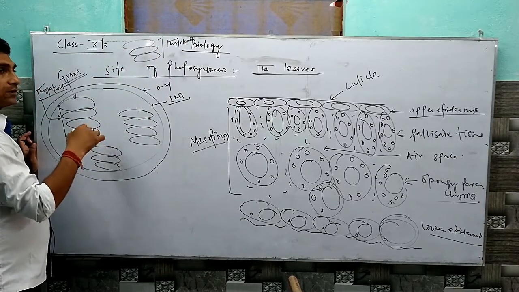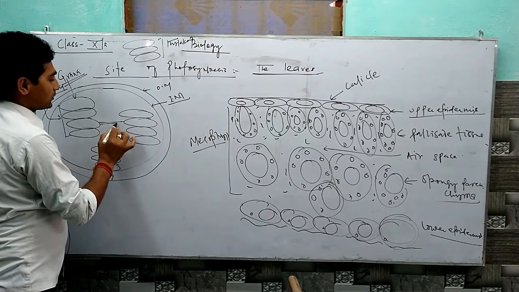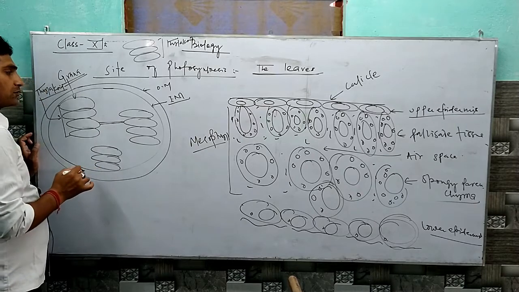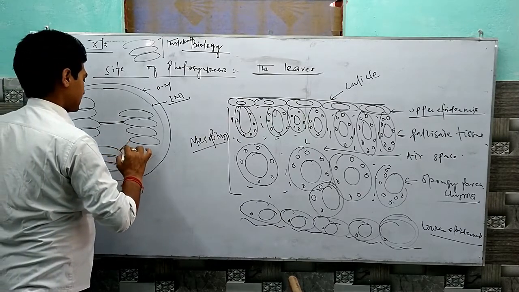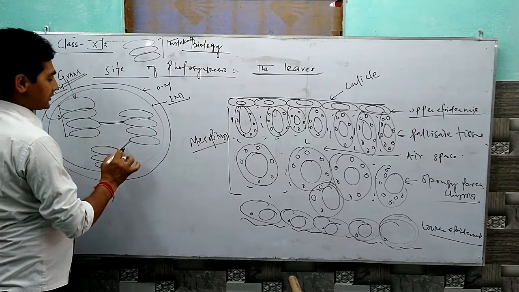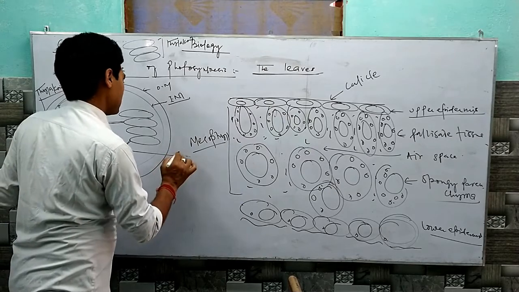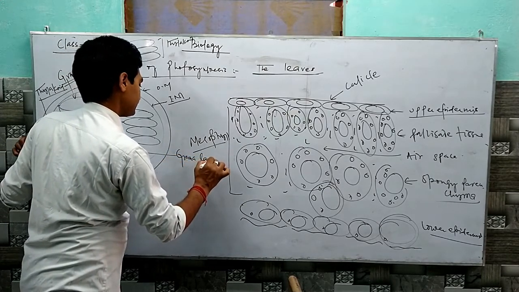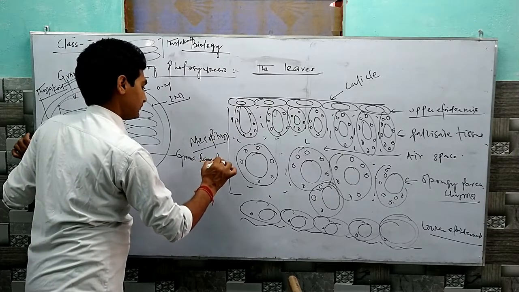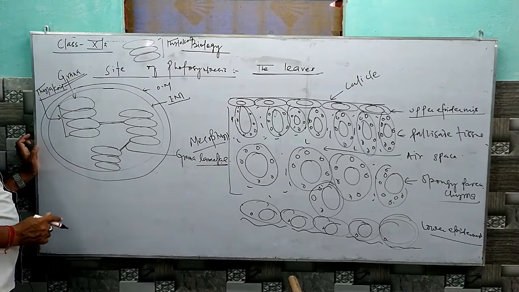One granum, one thylakoid is connected to the others by means of a stalk called the thylakoid lamellae. This is the thylakoid lamellae, which we can also call grana lamellae.